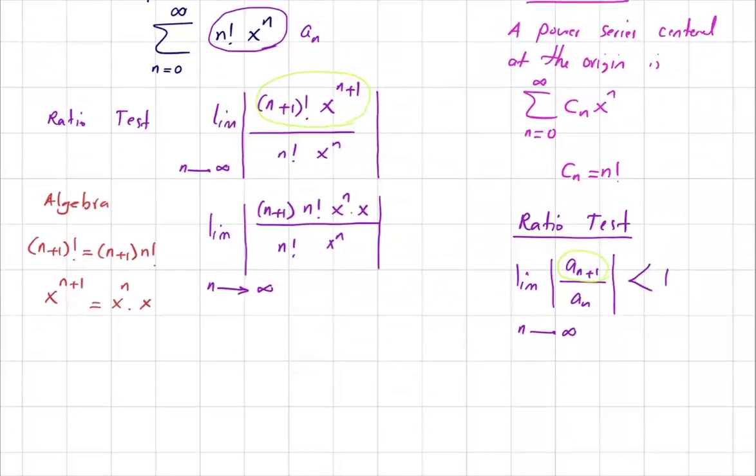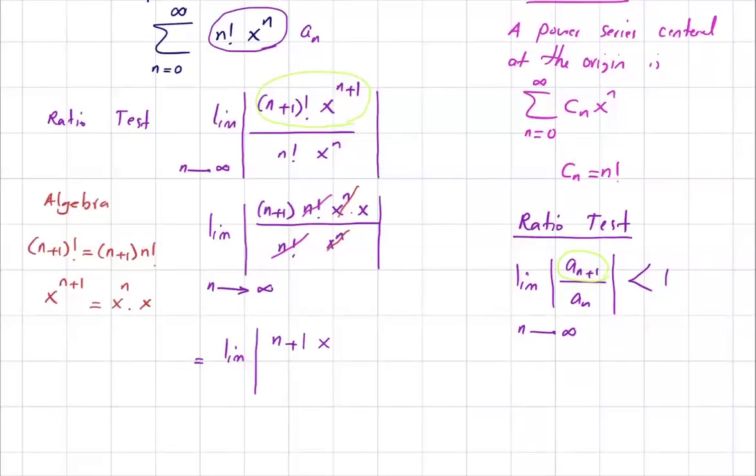Let's get rid of x to the n and x to the n. Also, you can cancel out n factorial and n factorial. So we're left with the limit of the absolute value of (n plus 1) times x divided by 1.